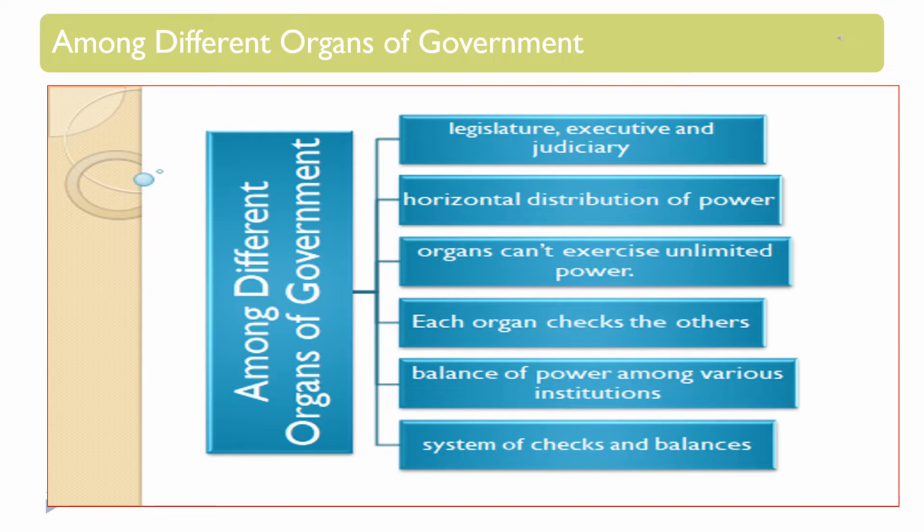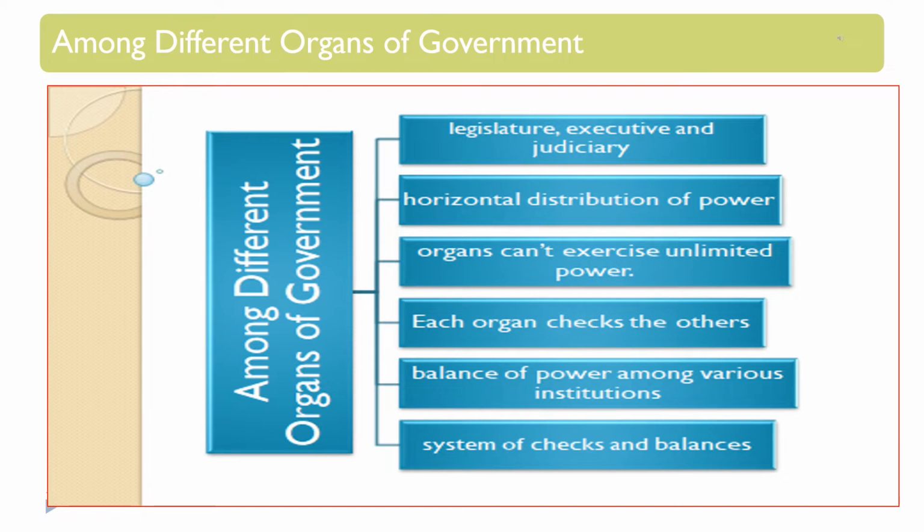Since all these three organs are at the same level, their division or sharing of power is known as horizontal distribution of power. Any of these organs can't exercise unlimited power.